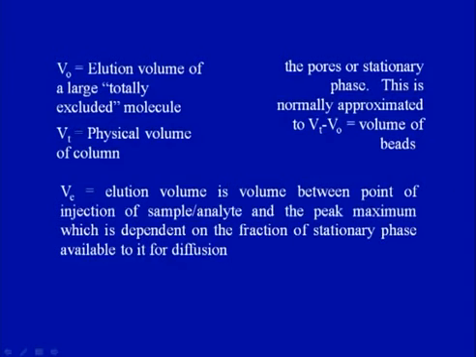Now, there is another term called elution volume, which is the volume between the point of injection of the sample analyte at the top of the column and the peak maximum, which is dependent on the fraction of stationary phase available to the analyte for diffusion. So, elution volume is the volume required for eluting the particular analyte, starting from the point where you inject the sample to the point where a peak appears, or that analyte is eluted.